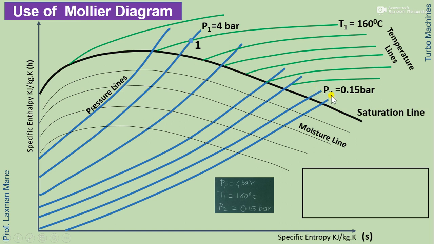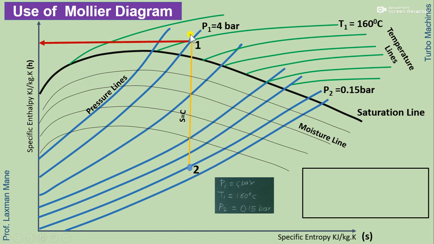Now this is the pressure line of expansion, that is 0.15 bar. From point number 1 we can draw a line, that is an isentropic line, which is a constant entropy line. It will meet this pressure line of P2. There we have point number 2. In this way we can find these 2 points.